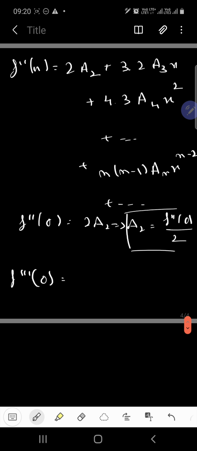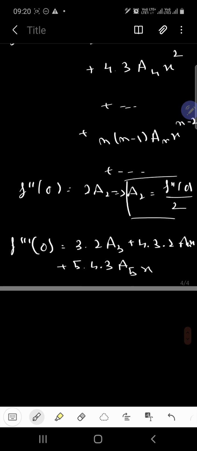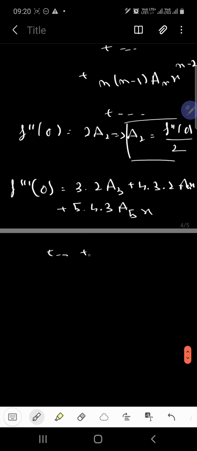So f triple dash x comes out to be 3 times 2 a3 plus 4 times 3 times 2 a4x plus 5 times 4 times 3 a5x square, which continues till n times n minus 1 times n minus 2 an x to the power n minus 3 and so on.